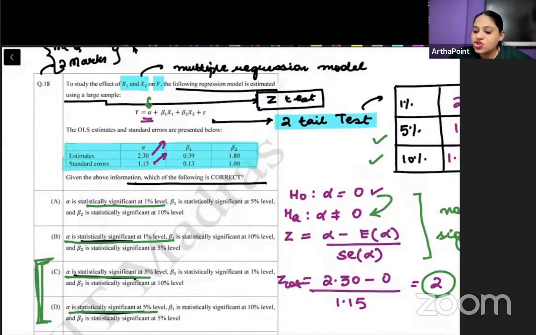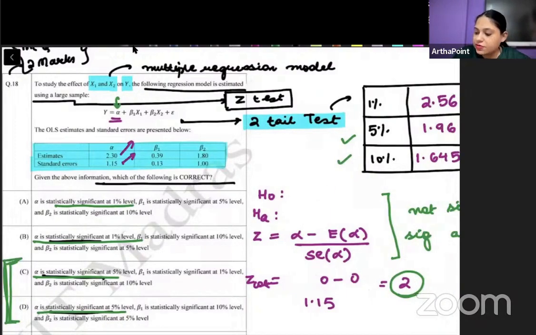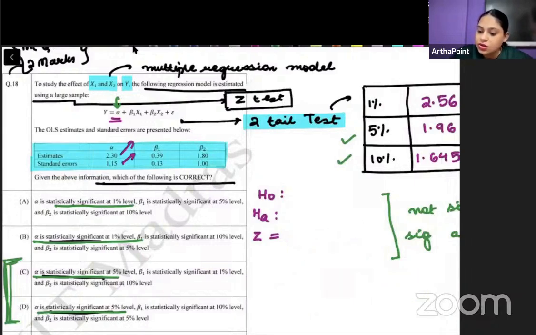Okay. Now let's check the same thing for beta. Try to do it for beta now. So I am changing my null and alternative and doing it for the value of beta. My null will be beta 1 equal to 0. Alternative is beta 1 not equal to 0.